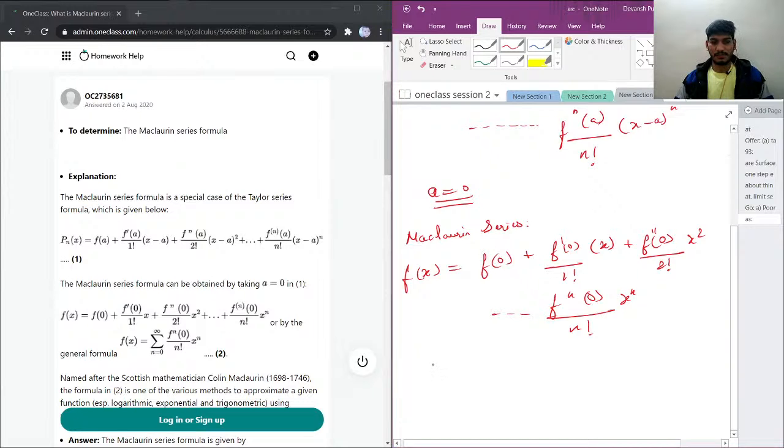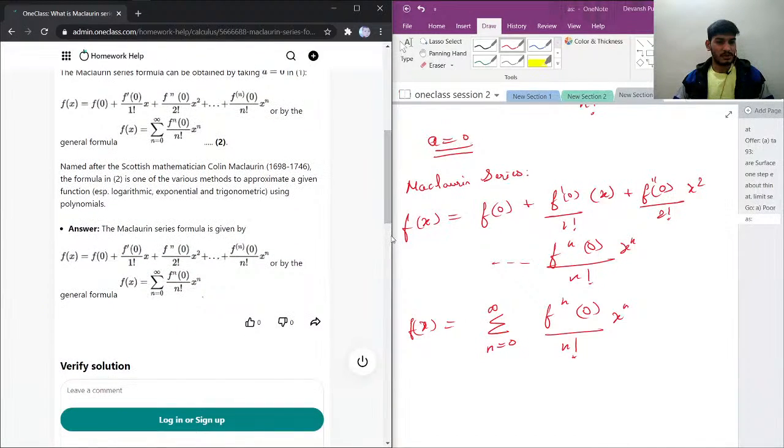And in the summation form, or the general formula, we can just write f of x as the summation of n equal to 0 to infinity of the nth derivative of f at 0 over n factorial, and this will be x power n.